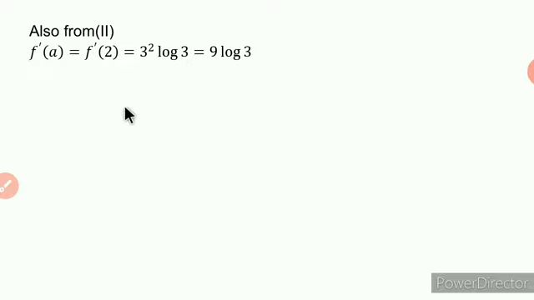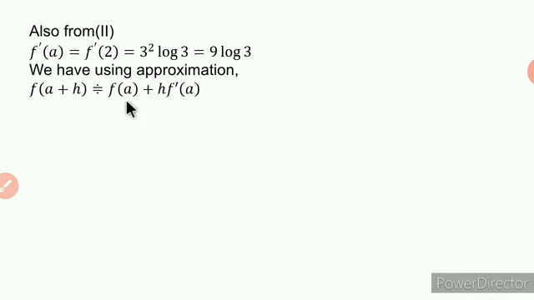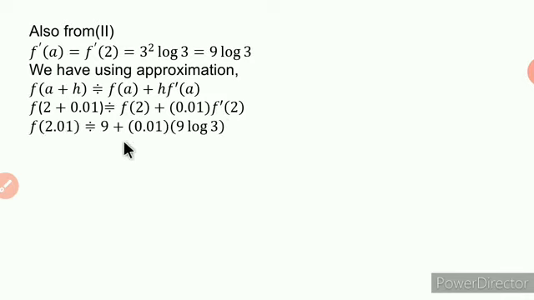Now we have both the values. So using the approximation, f of a plus h is approximately equal to f of a plus h into f dash of a. Put the values of a and h. We get f of 2 plus 0.01 approximately equal to f of 2 plus 0.01 into f dash of 2. So f of 2.01 is approximately equal to 9 plus 0.01 into 9 log 3. It is approximately equal to 9 plus 0.09 into 1.0986.